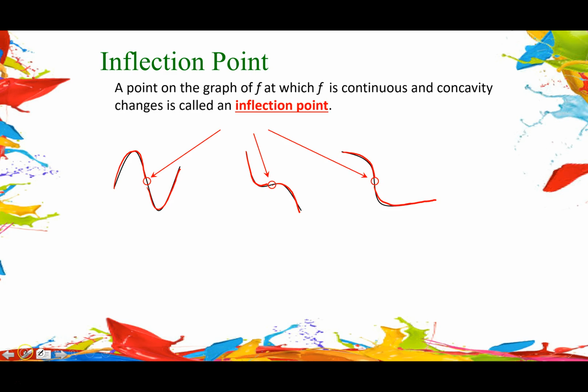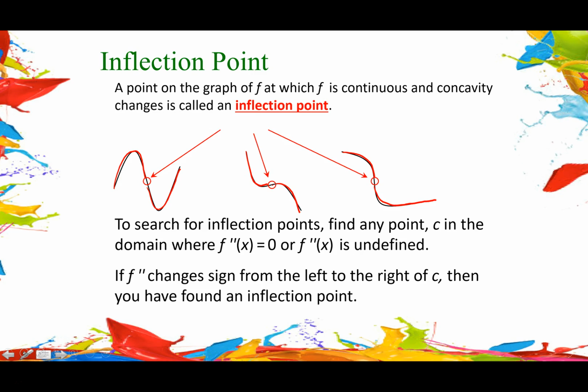Where do those points happen? Well, they happen when your second derivative is equal to 0 or your second derivative is undefined. You also need to, just like the first derivative test, check f double prime of x with the second derivative test, and if you have a changed sign from left to right, then you have found an inflection point.